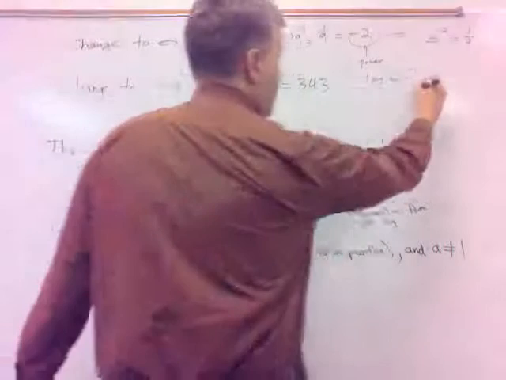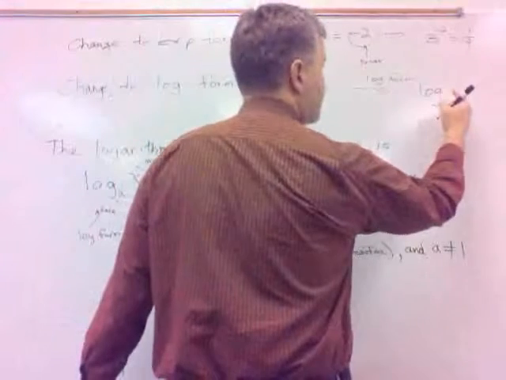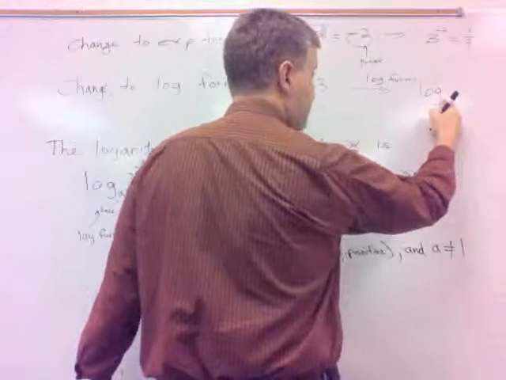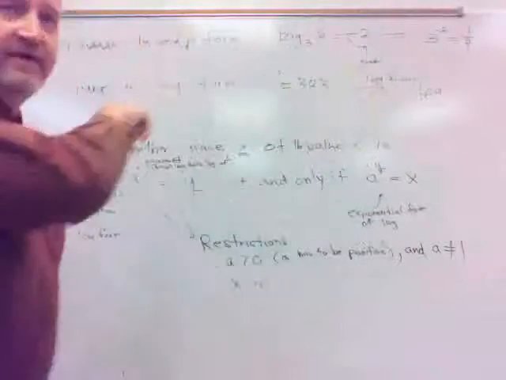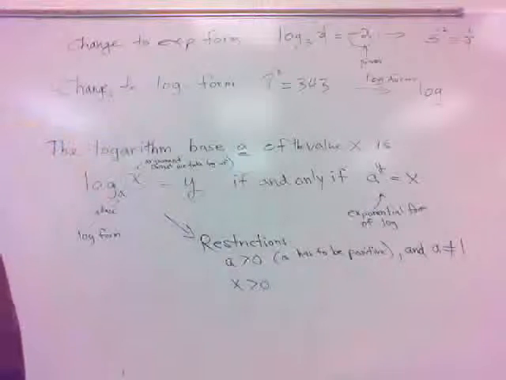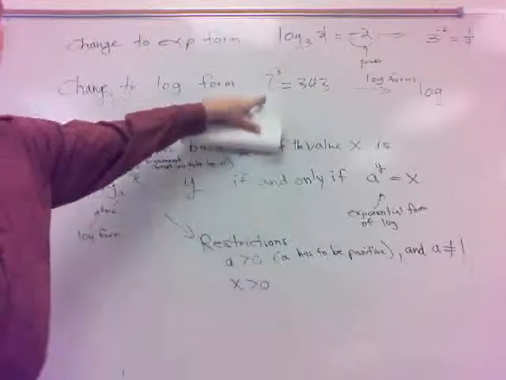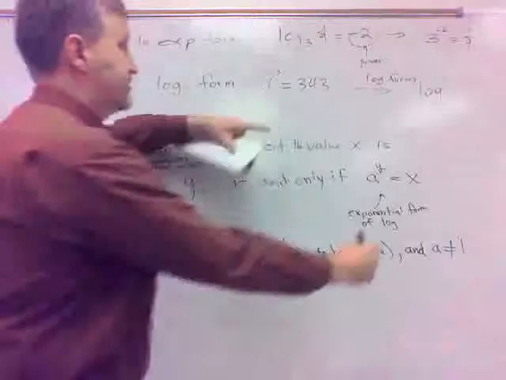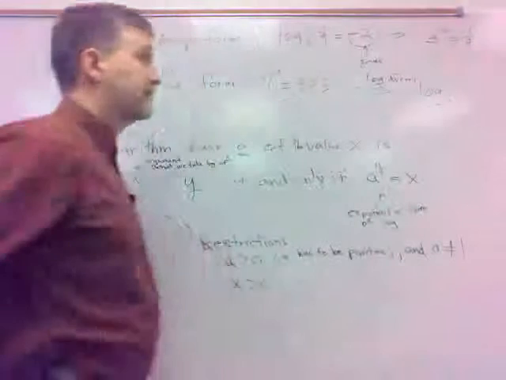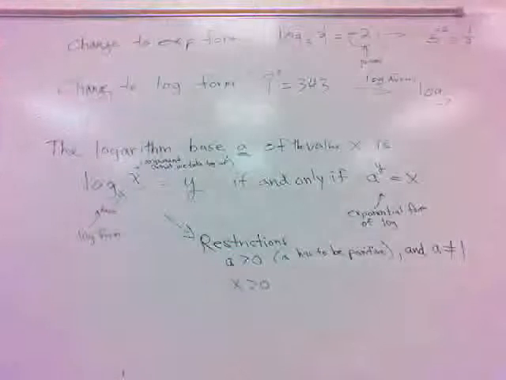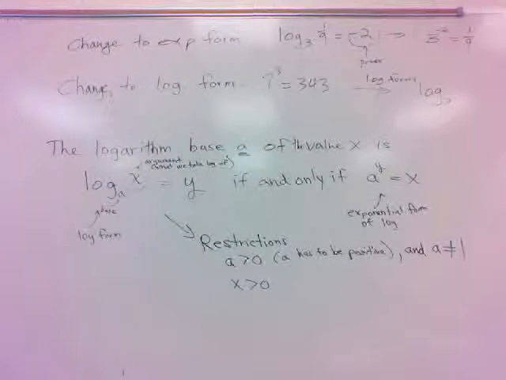Well, we've got log. And on a logarithm, you always need a base. What's the base of this logarithm? Well, it's the base of the exponential we got. So 7 is my base here, so the base 7 is the subscript on the log.